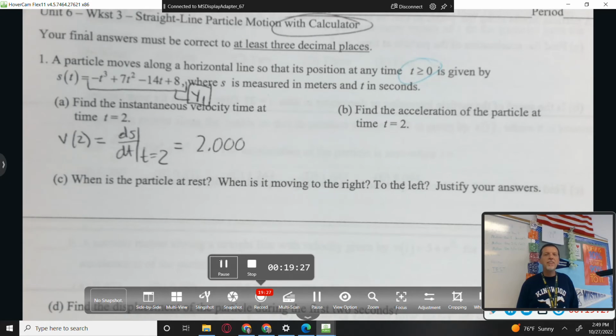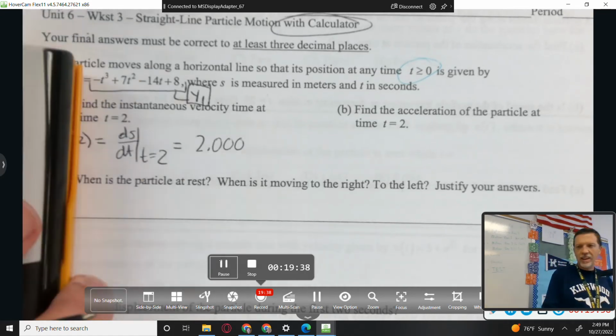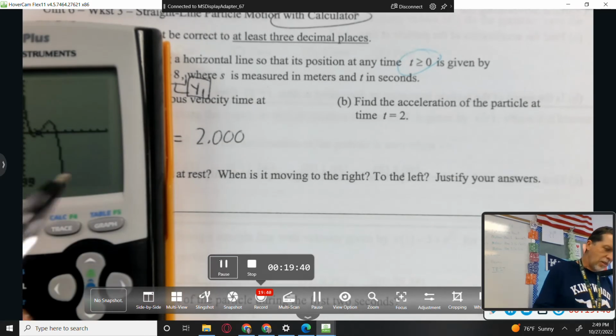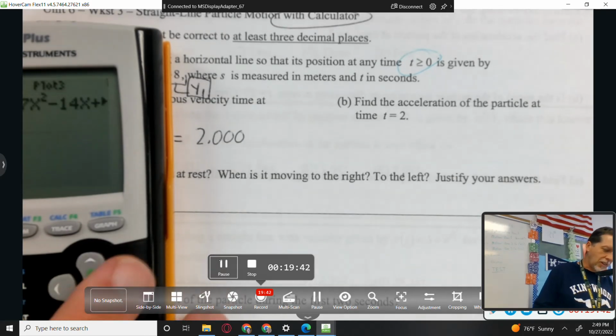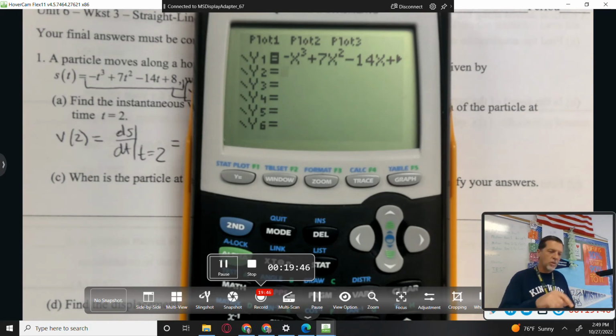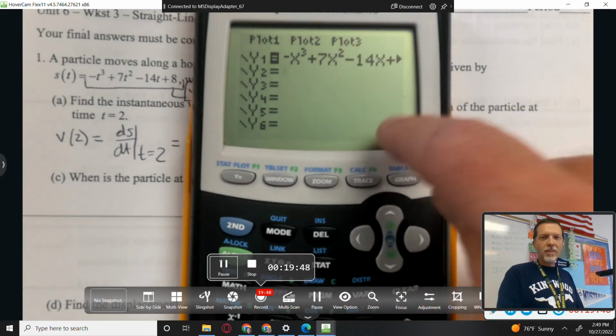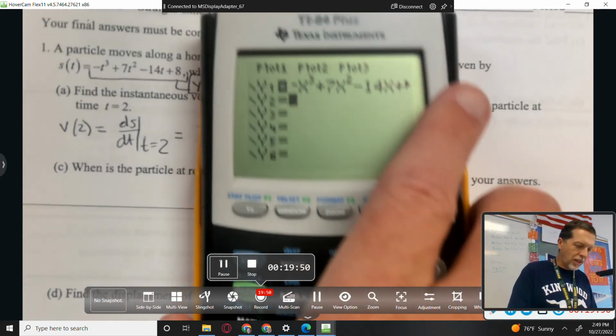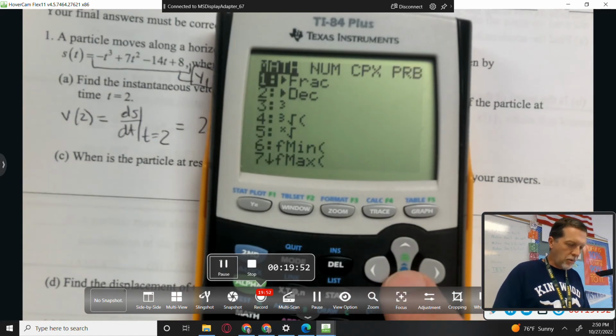Okay, find the acceleration of the particle. Well, that's a second derivative, and there's not a second derivative button in the calculator. So watch this trick we're going to do. I'd like to graph the velocity. On the y equals screen, go get that dy dx thing, math 8.